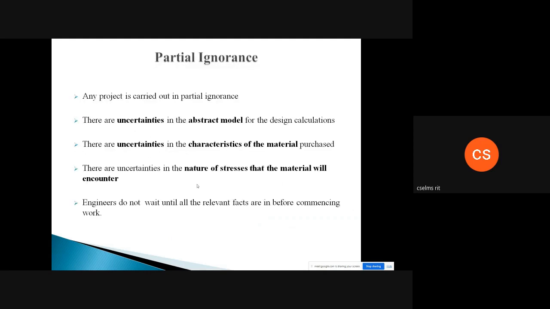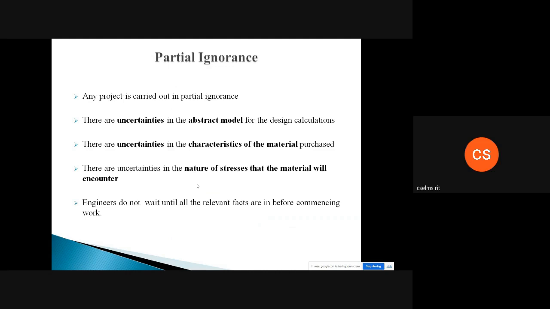What is partial ignorance? For example, before developing a project, we can't keep all the requirements ready. So we have to start developing the project and satisfy the requirements one by one. That is partial ignorance. We are not certain about the abstract model we have developed, and we are not certain about the characteristics of the material purchased for the project.